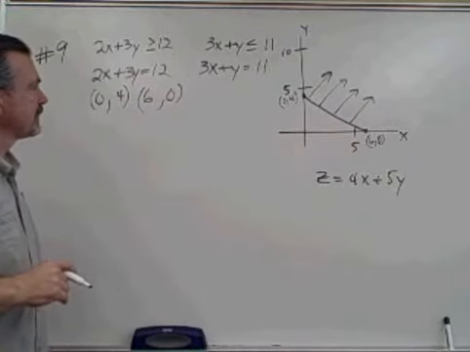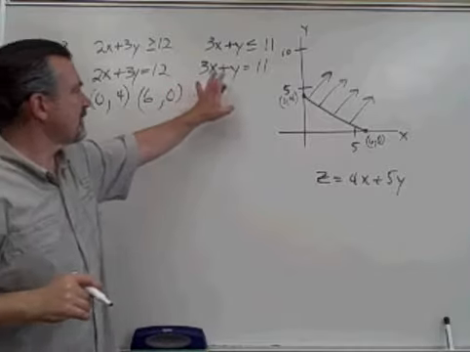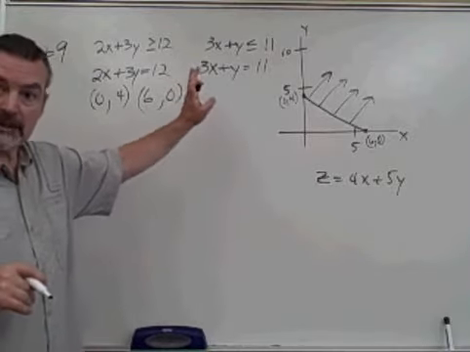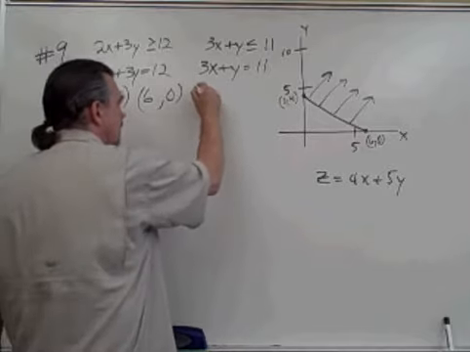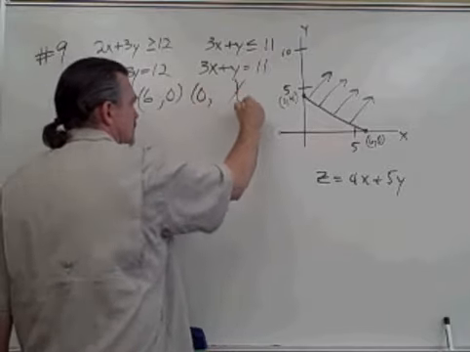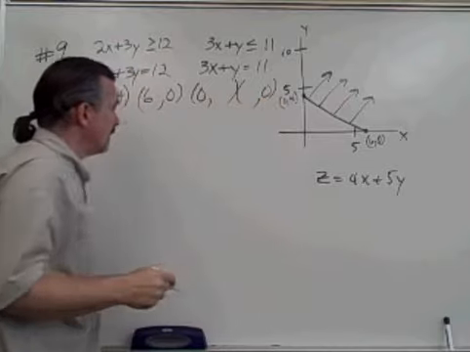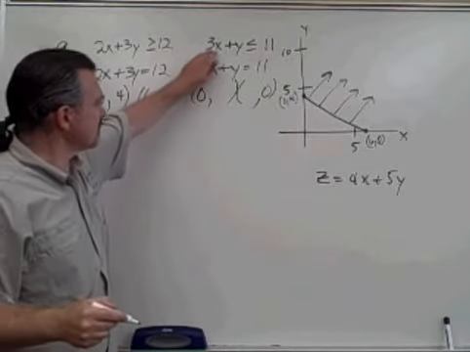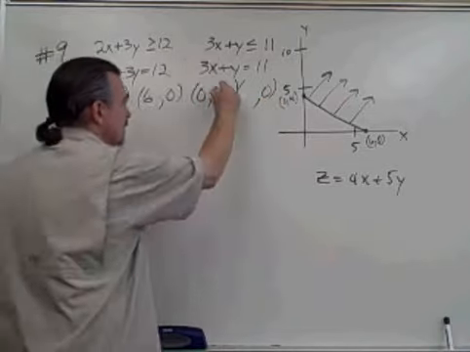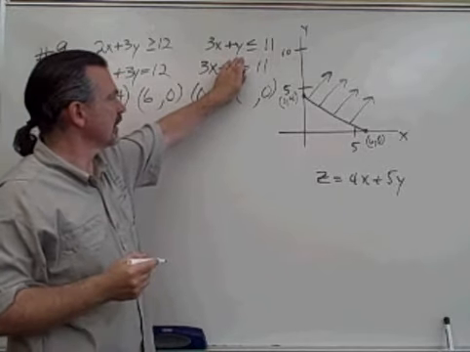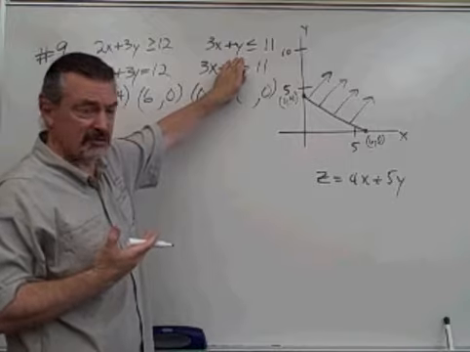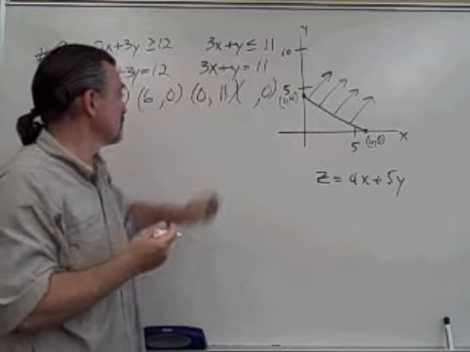Okay. So now, let's graph the other equation. And let's do the same thing. Let's get the intercepts. Well, if x is 0, then y has to be 11. And if y is 0, oh, that's not too nice. X would have to be 11/3, which is 3 2/3.